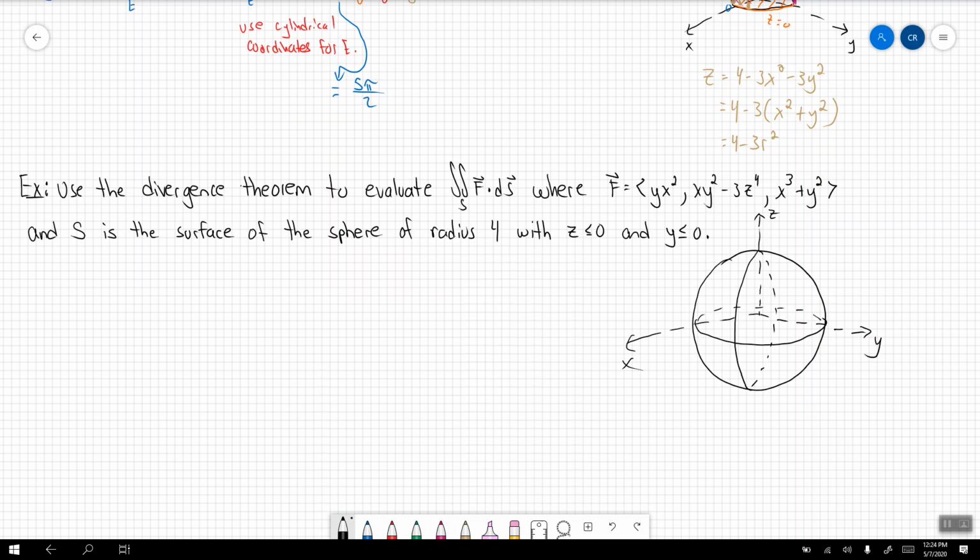So let's see, z values less than or equal to 0, that's going to mean that we're looking at all of these values down here. So that's only these values over here. And again, that's less than or equal to 0. And then we're also talking about y being less than or equal to 0. So we're only talking about this side of the sphere. We don't want positive y values, so we only want negative y values.